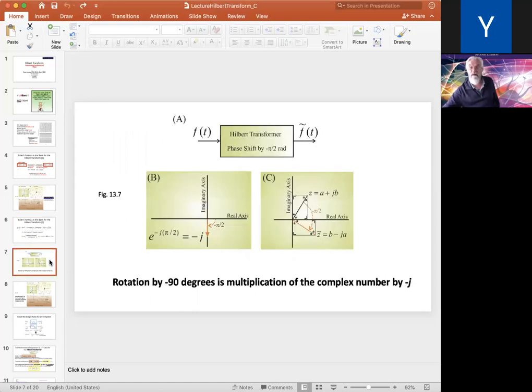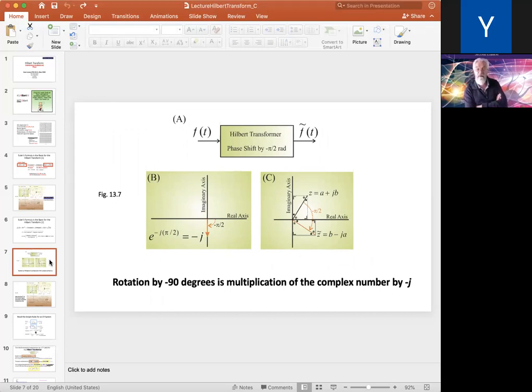Good. I promised you that I would get back to the frequency domain and to the systems analysis in this case as well. And now realize that the Hilbert transform can actually be considered as an operation by a linear time invariant system.